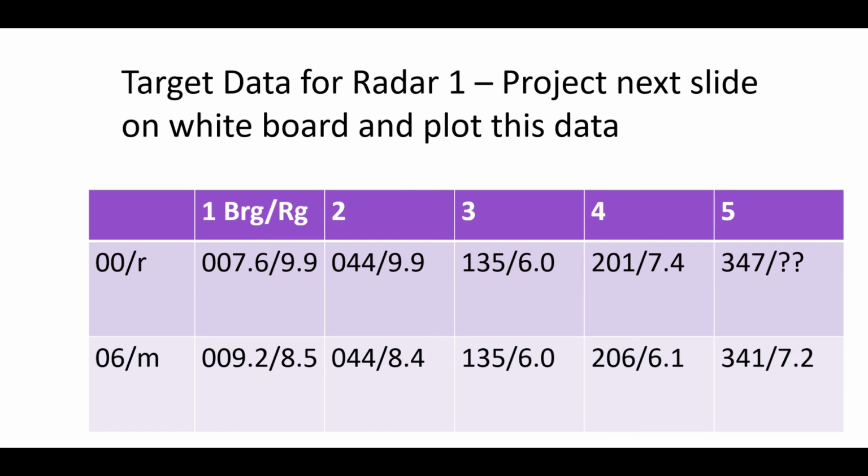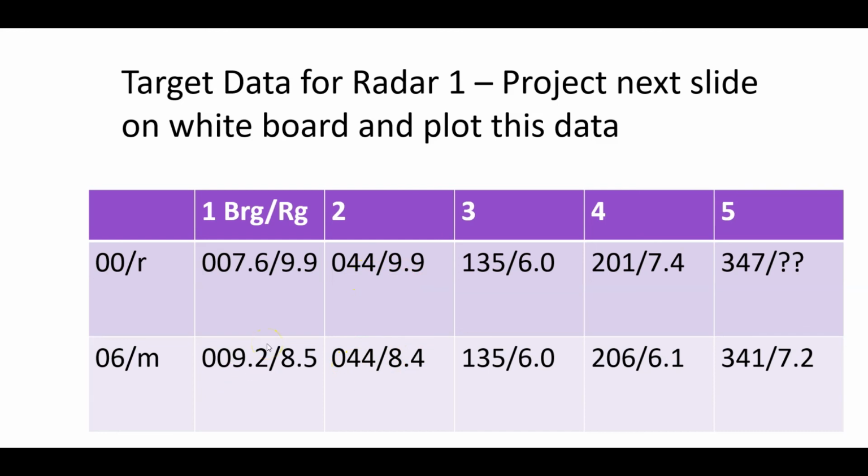Okay, so this is just the target data that you more or less should have had for times 0 and 6. This was targets 1, 2, 3, 4, 5, bearing and range. So this is the bearing, this is the range. That's the bearing and the range for time 6. Target 2, bearing and range, time 6, bearing and range.